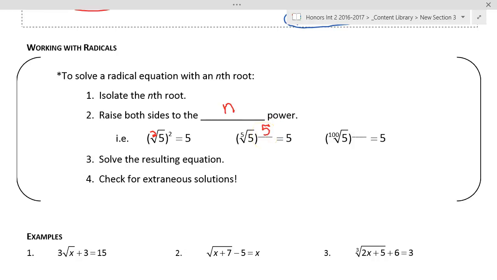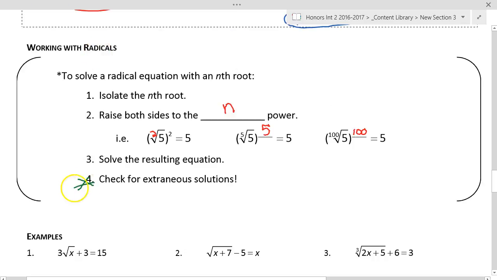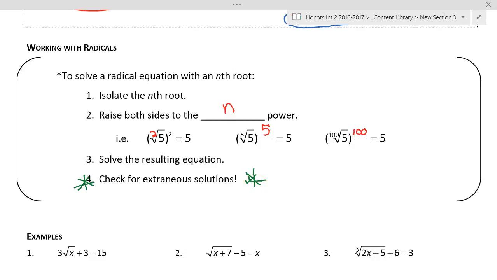The 100th root of 5, if I raise it to the 100th power, it just gets rid of that root. Then solve whatever you get. Then step 4 is super, super duper important for these types of problems. You have to check your solutions because you will get solutions that don't work.